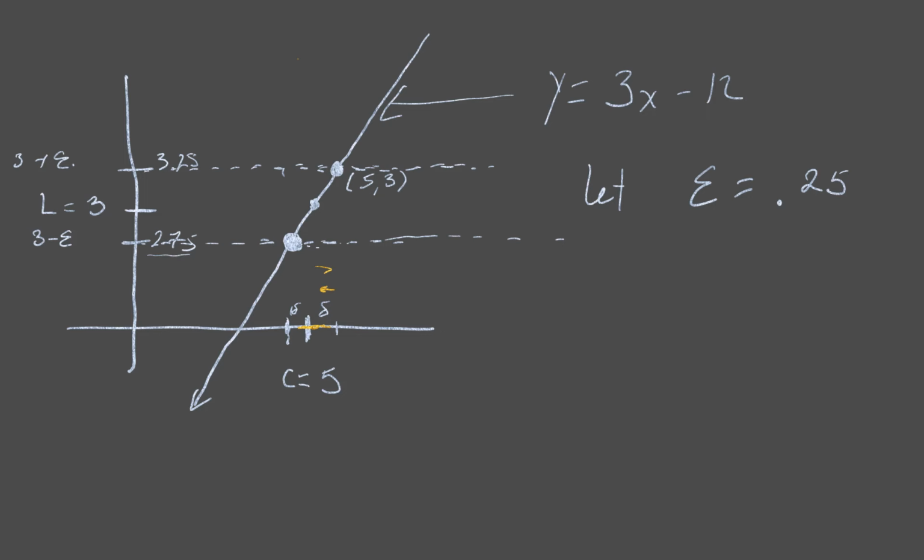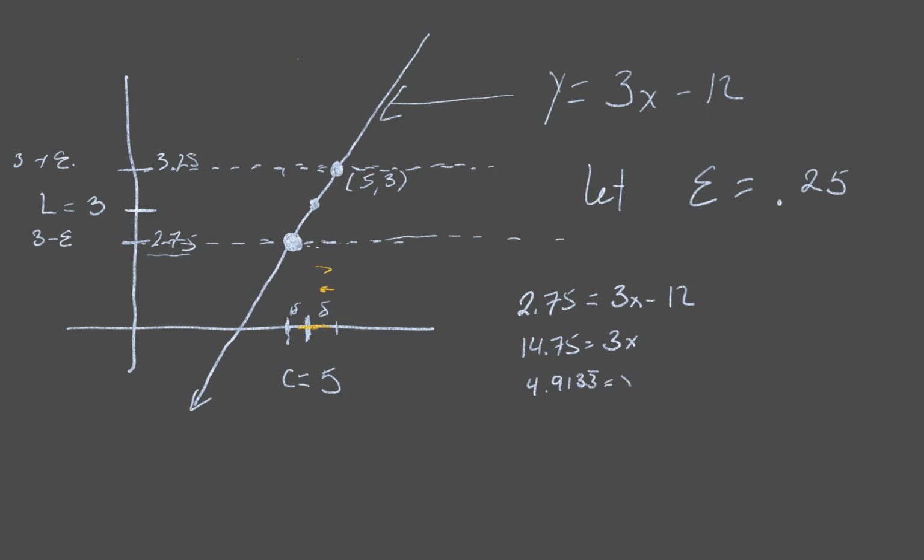Well, to get an output of 2.75, I would need 2.75 to equal 3x minus 12. So I add 12 to both sides, I get 14.75 equals 3x. Divide by 3, you get 4.91 something something, 4.913 repeated, I think.